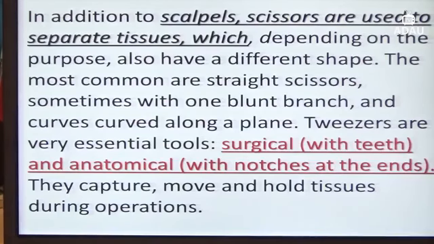With surgical tweezers it is very comfortable, because my practice shows that they capture, move, and hold tissues during operations very well. I recommend surgical tweezers.